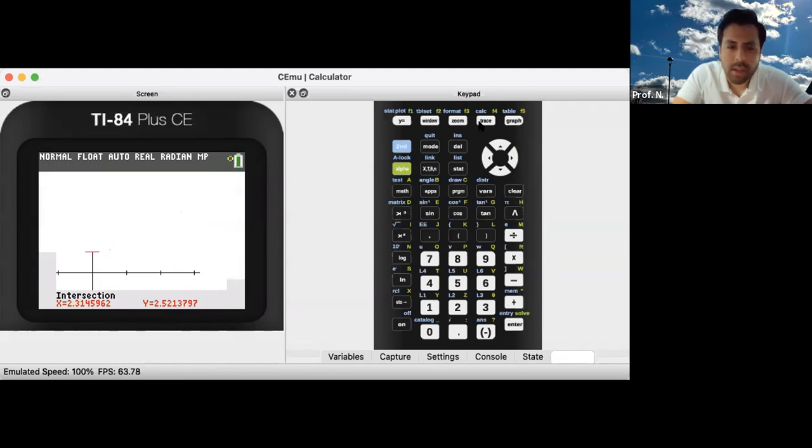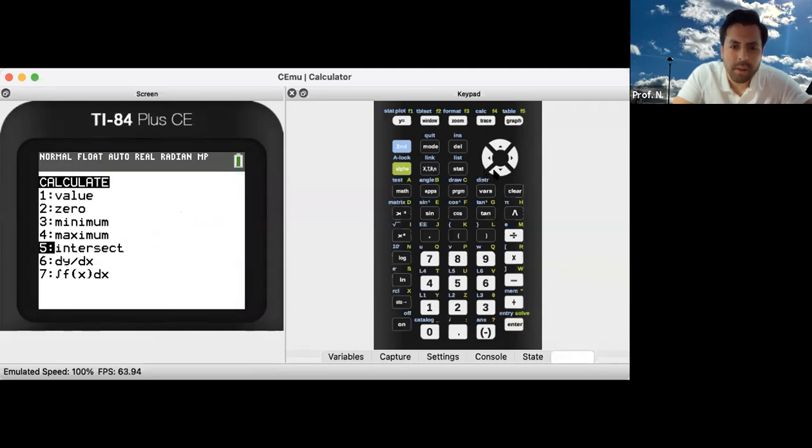Whoops, let me do that again. So press enter, guess. Okay, so it's not completely doing it. And the reason might be that it may not intersect.